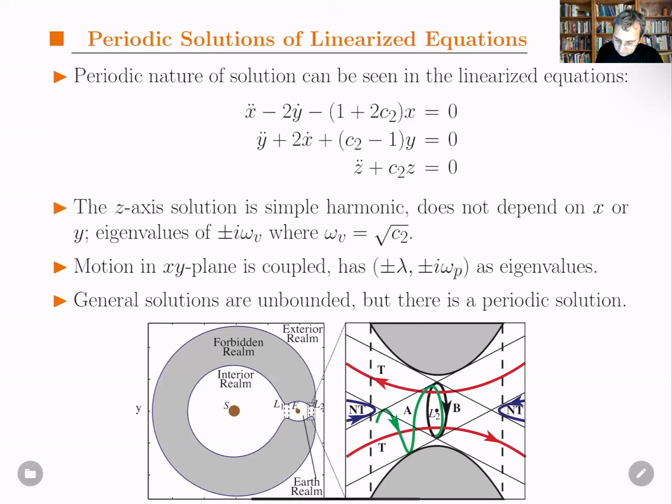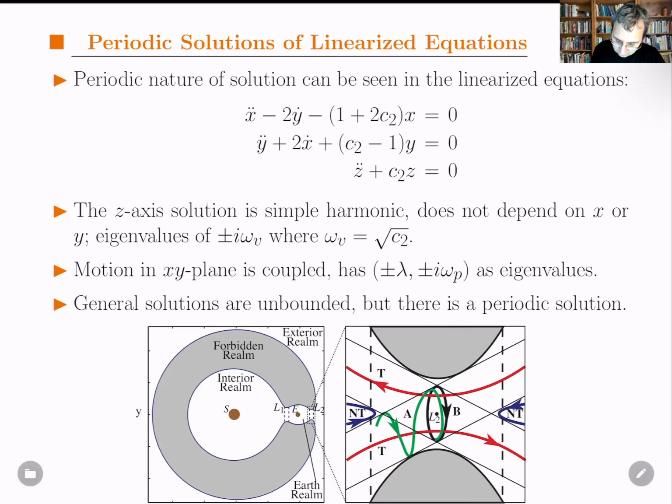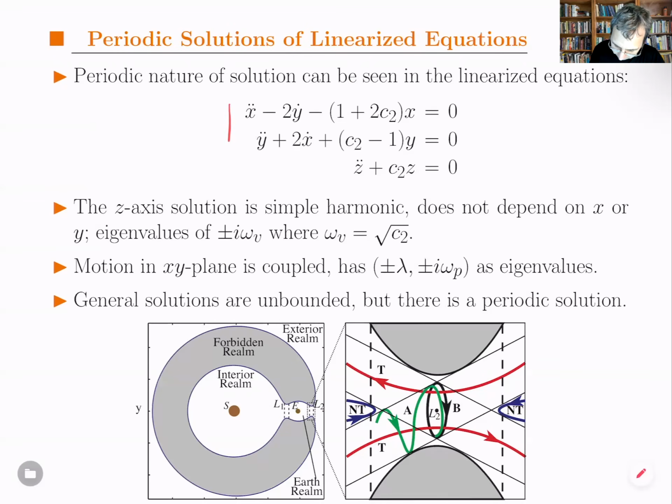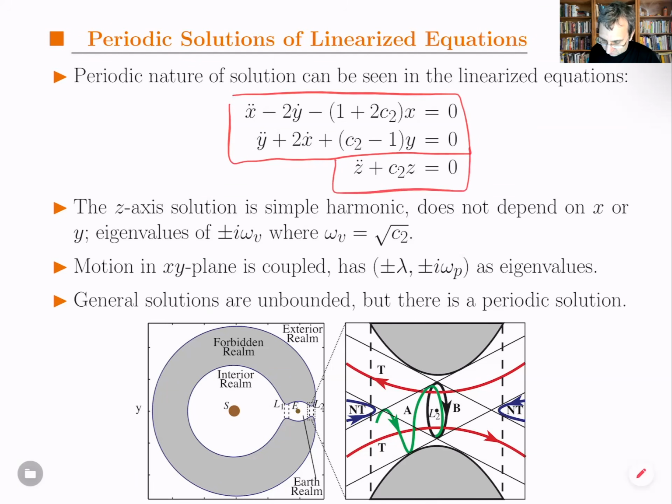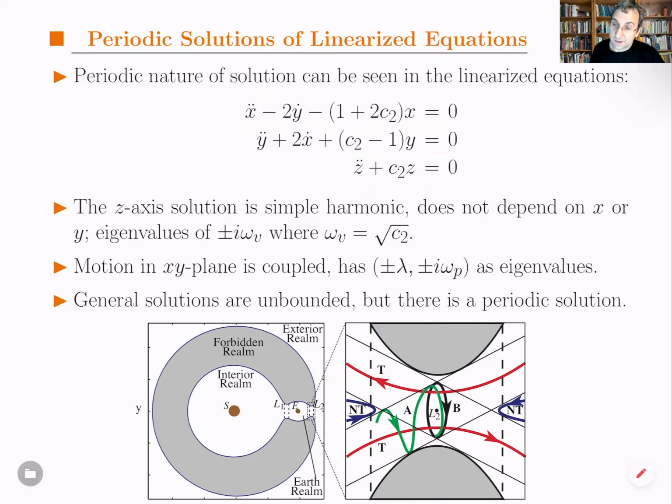All right, so just looking at the linearized equations, the right-hand side now is 0. At least the first two look exactly like what we treated before when we were just looking at the planar problem. And now this z direction, because C2 is positive, is just simple harmonic motion, and it doesn't depend on x or y.